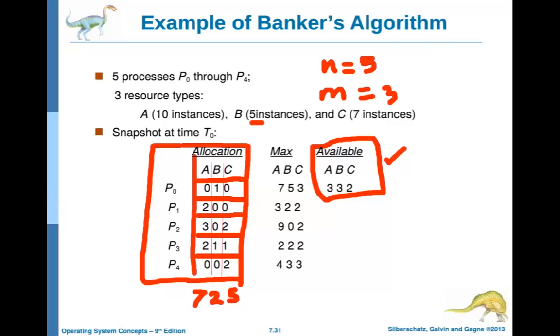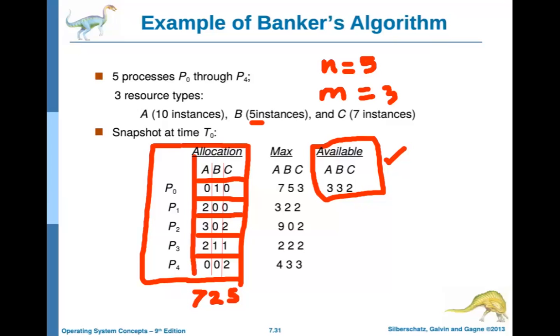For P1, resource A, 2 instances have been allocated, B and C nothing. For process P2, 3 instances of resource type A and 2 instances of resource type C are allocated. For P3, resource A 2 instances, resource B 1 instance, resource C 1 instance.